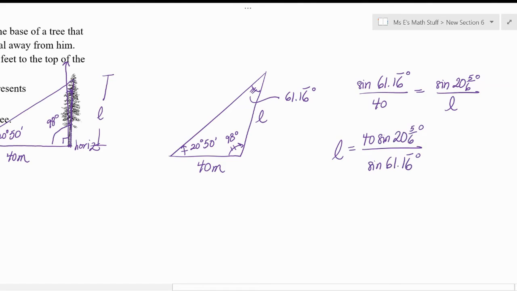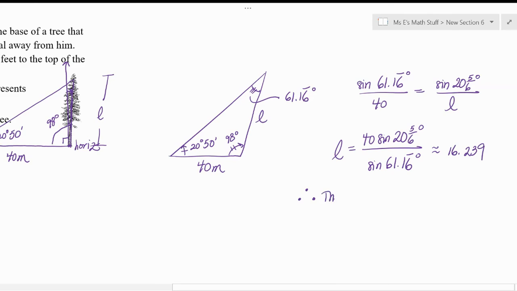All right, so let's do that. All right, and it looks like we end up with approximately 16.239. There we go.